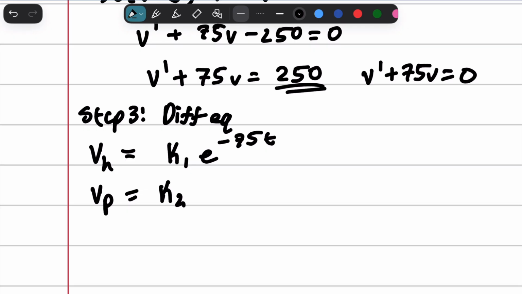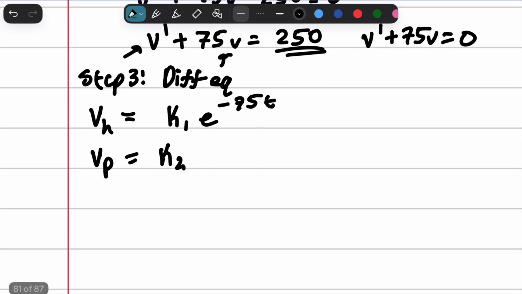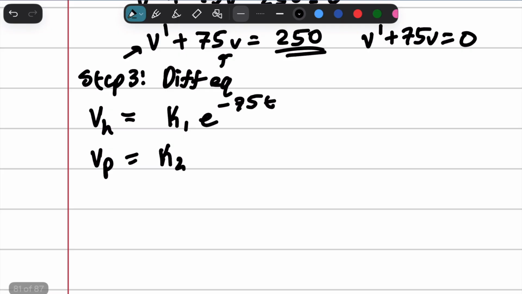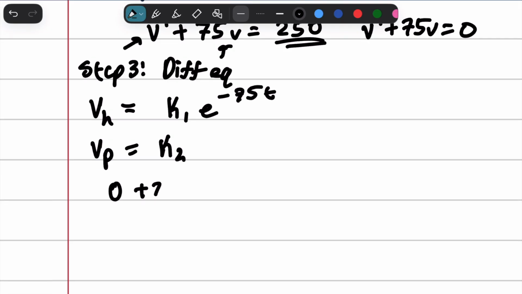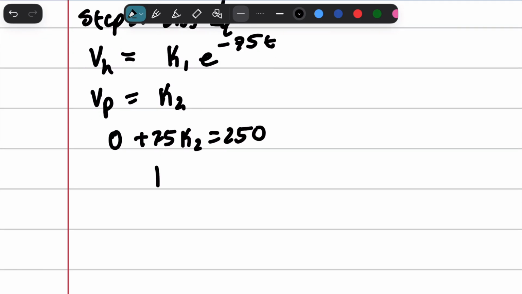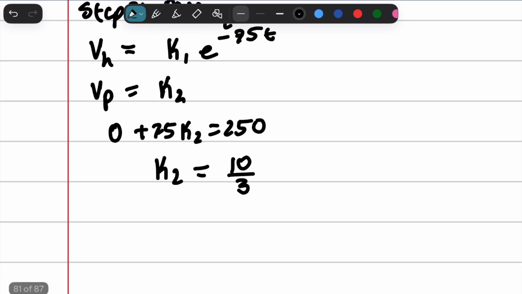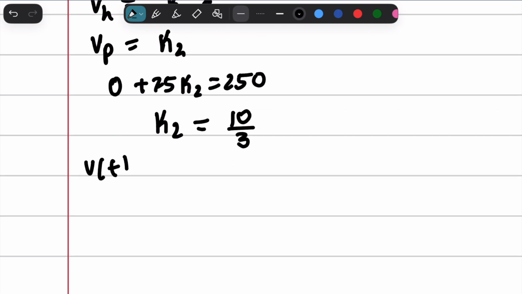We're going to plug it back into this equation. We're going to find that the derivative of a constant is 0, plus 75 K2 is equal to 250. And dividing both sides by 75, we are going to get 10/3. And so our V of t is going to be 10 over 3 plus K1 e to the negative 75t.